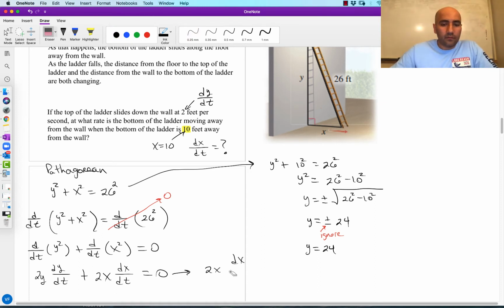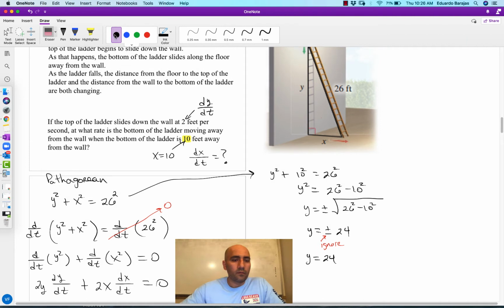Actually, let me organize this a little bit better. Okay, so now going back to our equation, 2y and then dy dt plus 2x and dx dt equals 0, right? So going back to this equation here, this is what they wanted us to figure out right here.